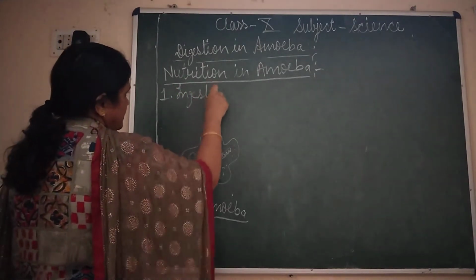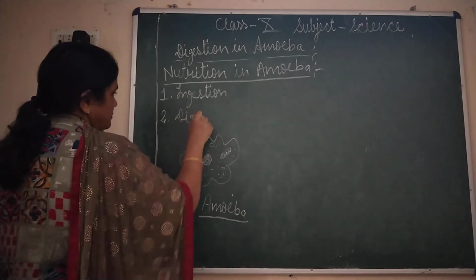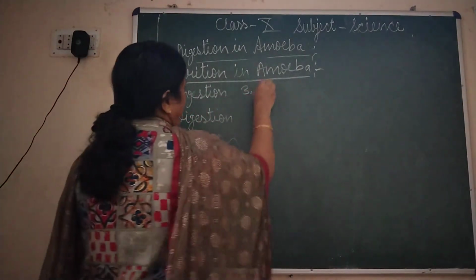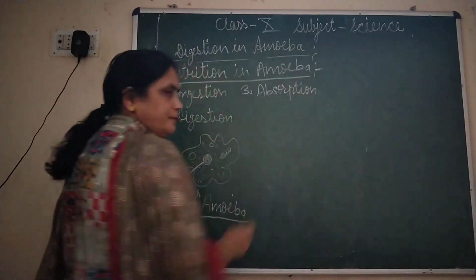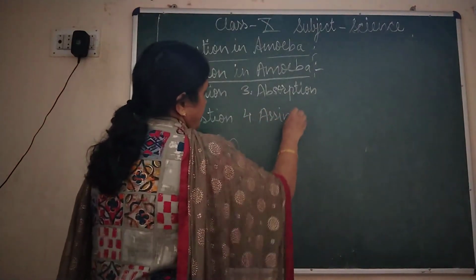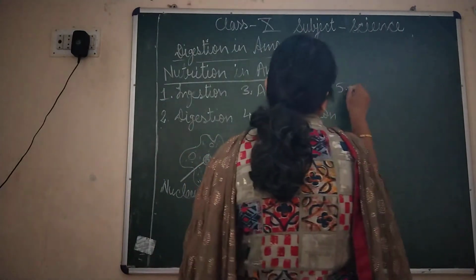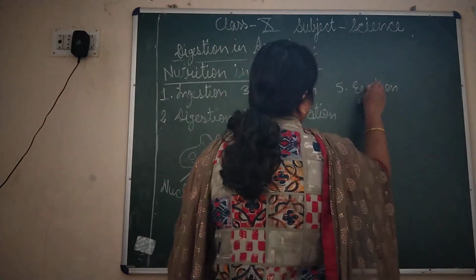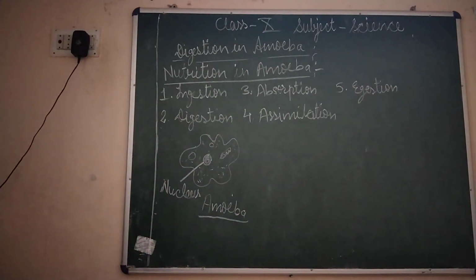We have just discussed: ingestion, then digestion, then absorption. What is number 4? Assimilation. And children, what is number 5? Egestion. All these 5 steps of nutrition are followed by this small animal called amoeba.